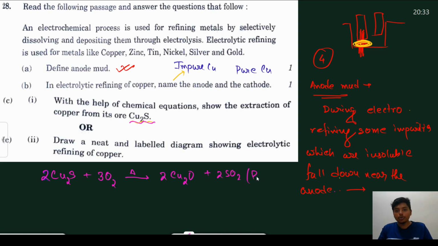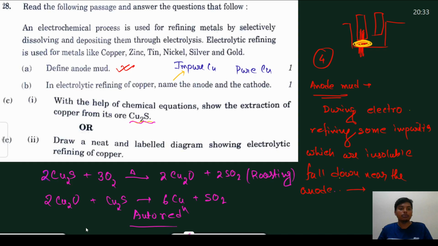This is known as roasting. Now they do self oxidation. This Cu2O reacts with Cu2S and gives copper plus sulfur dioxide. This is known as auto reduction or self reduction.